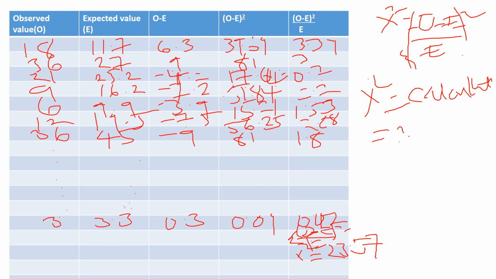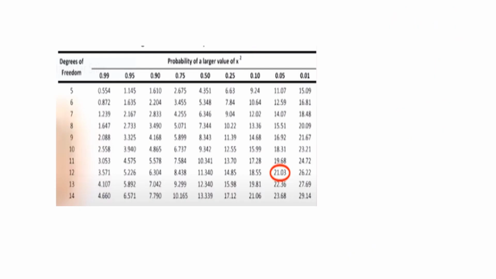So now I can conclude that my calculated chi-square is equal to 23.57. Now we can compare our values in the chi-square, and get the degrees of freedom.